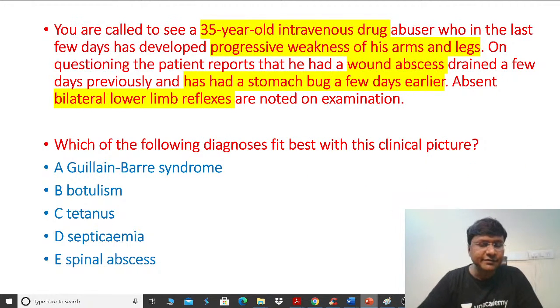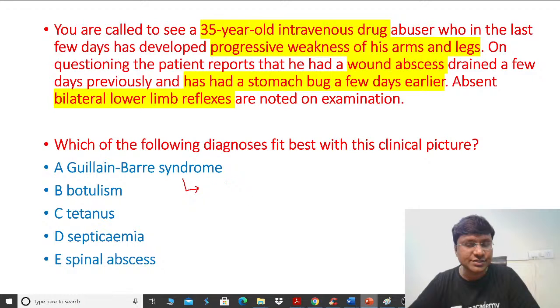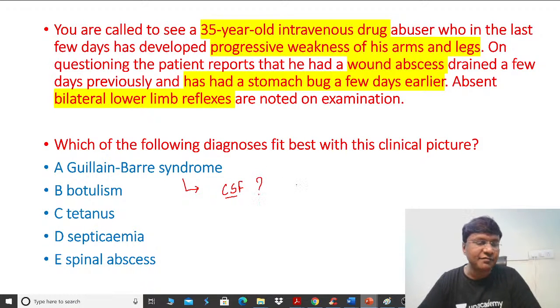Okay, next. Then followed by that, in patients with Guillain-Barré syndrome, please tell me what is that important CSF analysis finding?